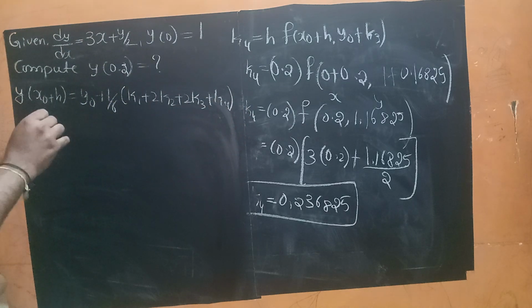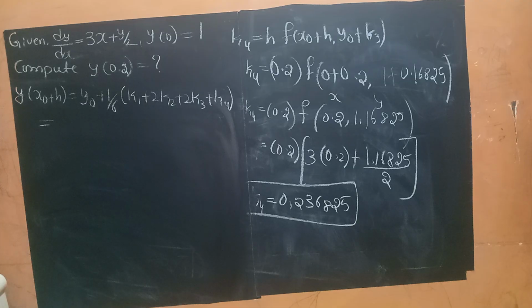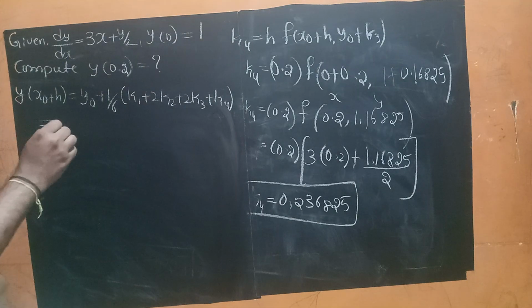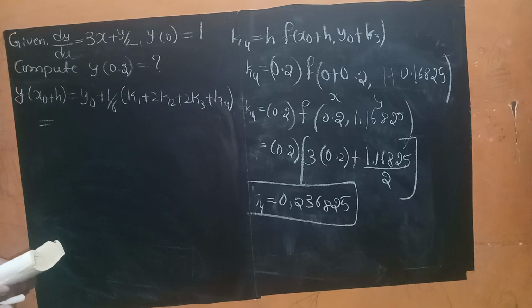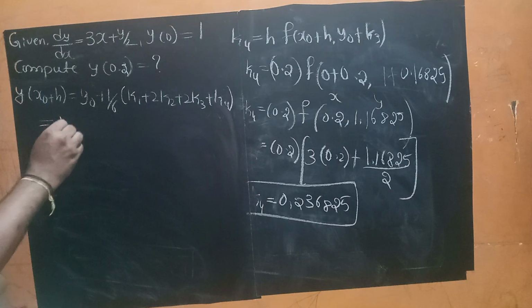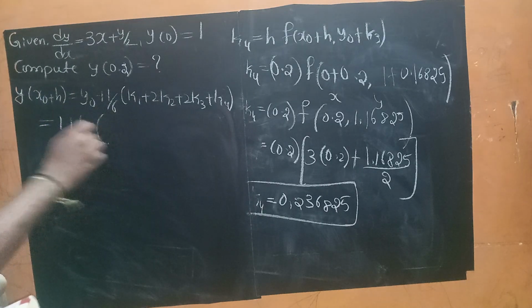So y0 we have written in the beginning, that is 1, plus 1 by 6.